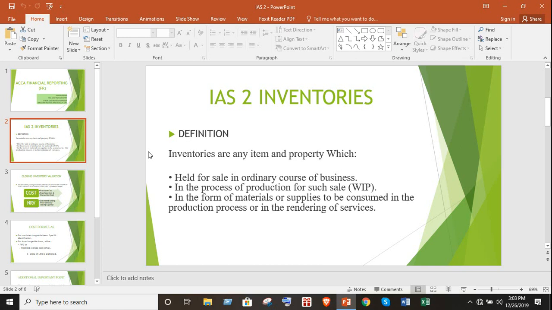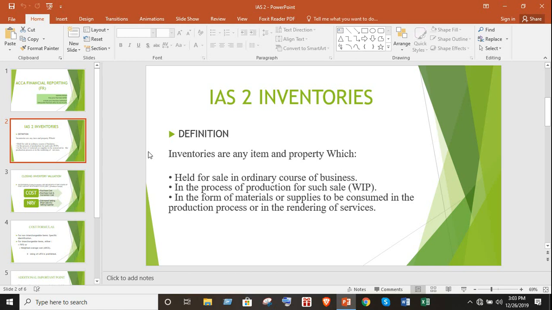So guys, be careful when giving the accounting treatment for closing inventory. Here is a simple technique for understanding the impact of closing inventory valuation on profit or on assets.